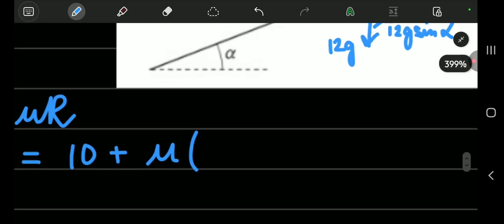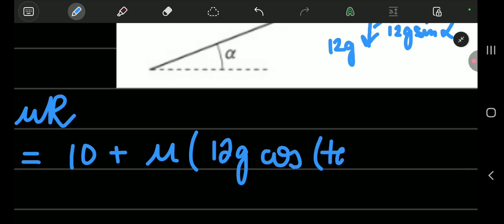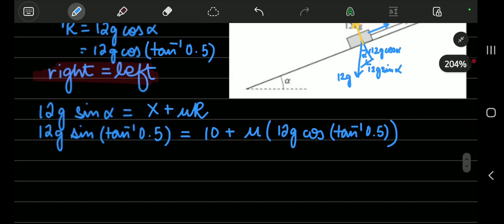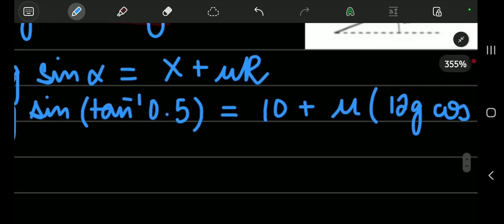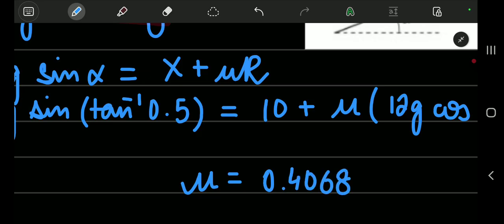So 12g cos of tan inverse of 0.5. Okay, solving this all will give you mu equals 0.4068.